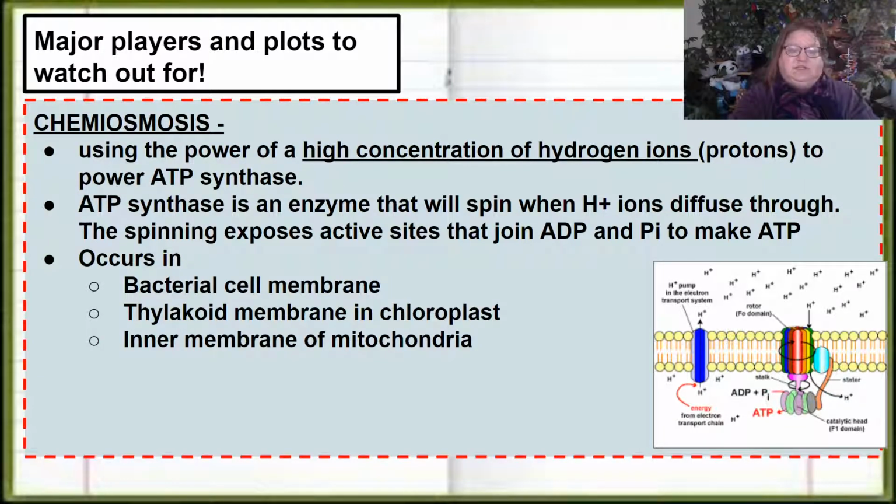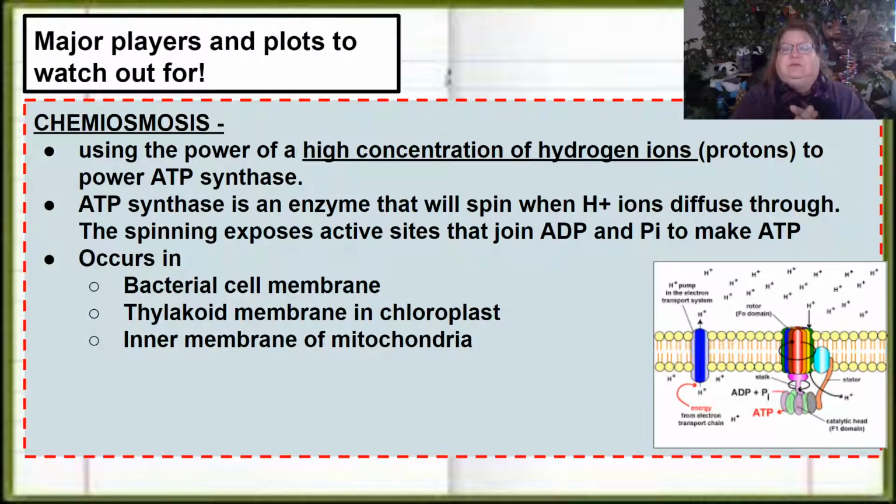Now, ATP synthase has got to be one of the coolest little enzymes ever. It's an enzyme that will spin when hydrogen ions diffuse through. It's a little turbine. So protons go through, the enzyme spins, and as it spins, it exposes active sites that join ADP and phosphate to make ATP.